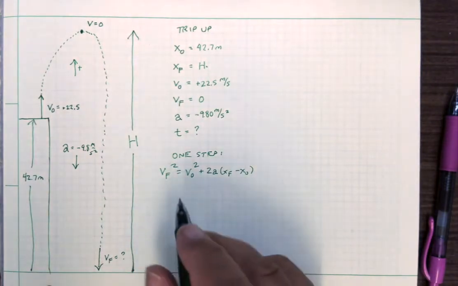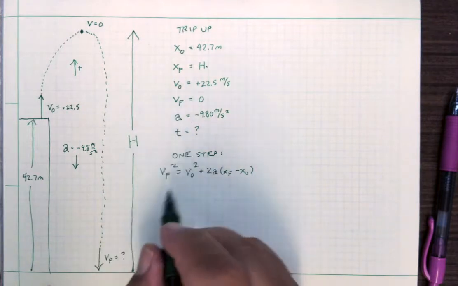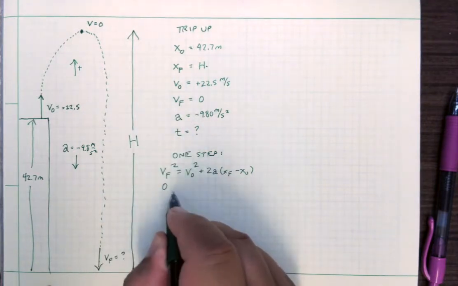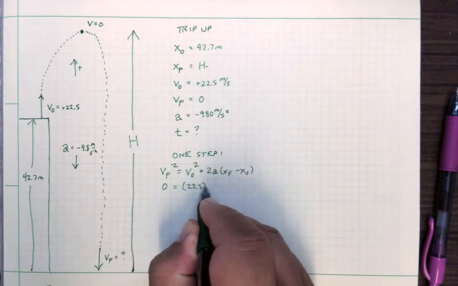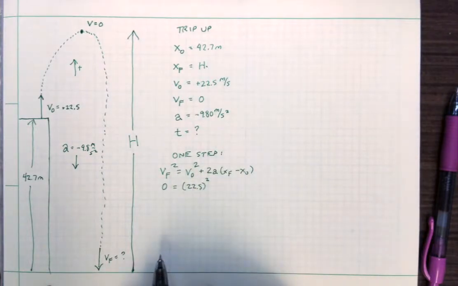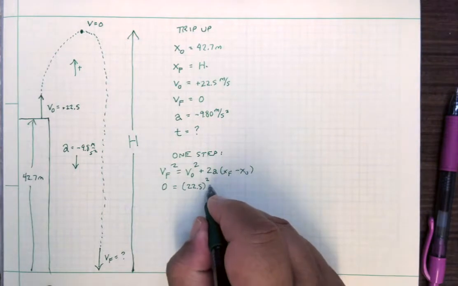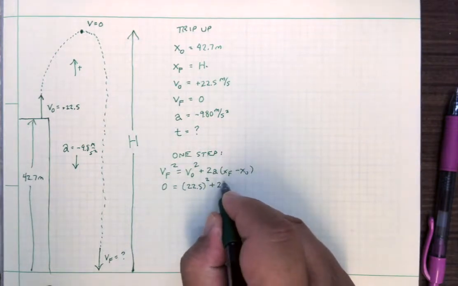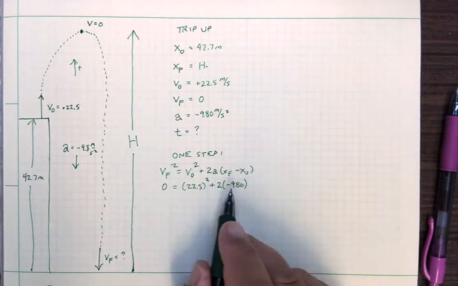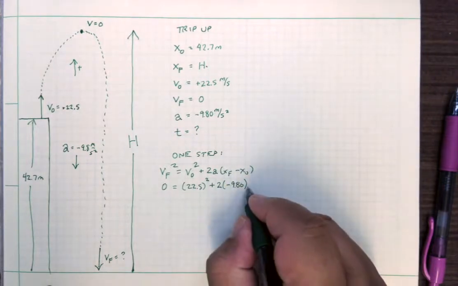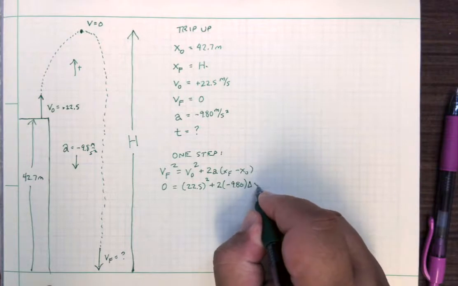Right, so in this case, the final velocity is going to be 0. The initial velocity is 22.5 squared, and that is plus 2 times the acceleration, negative 9.80. Very important to put that negative sign there, or you're not going to get the right answer.